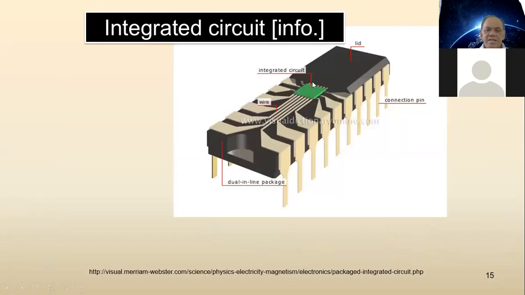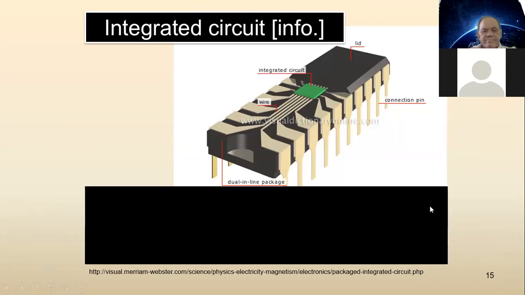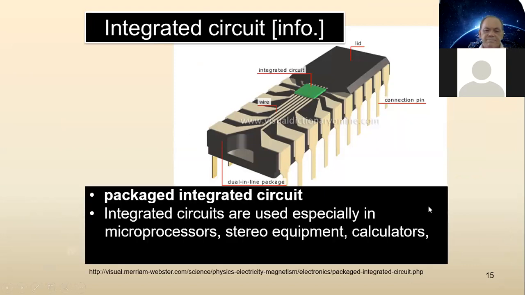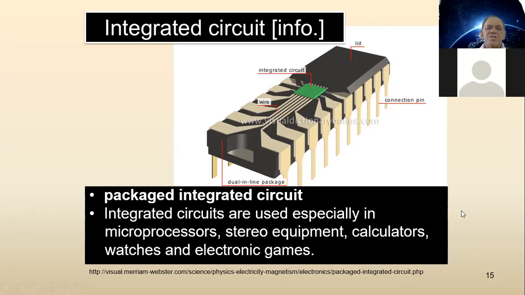Okay, so you can see that this is the integrated circuit. These are all the connections there. Conductor. Okay. You find all these integrated circuits in the microprocessor, audio equipment, calculators, watches, and electronic games, even in your smartphone.